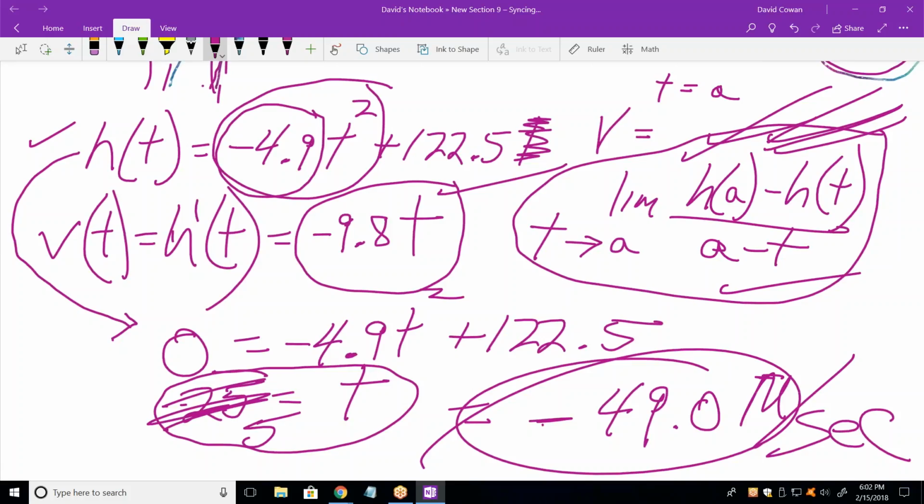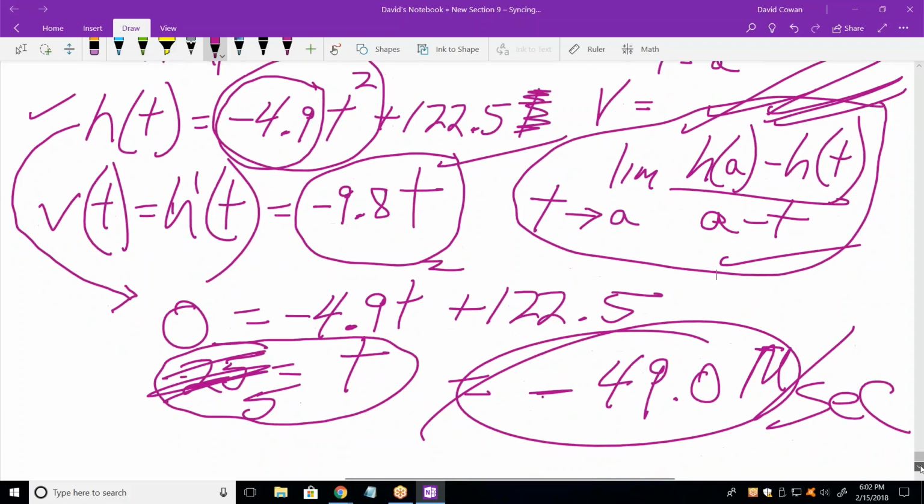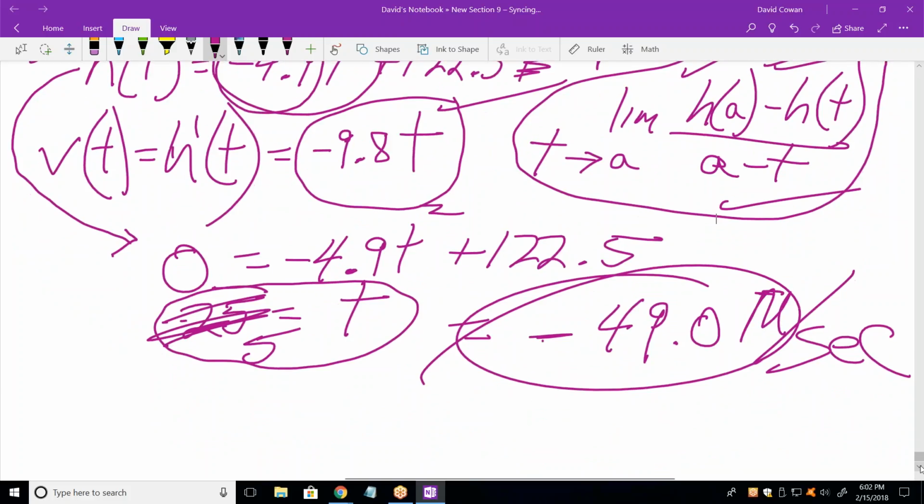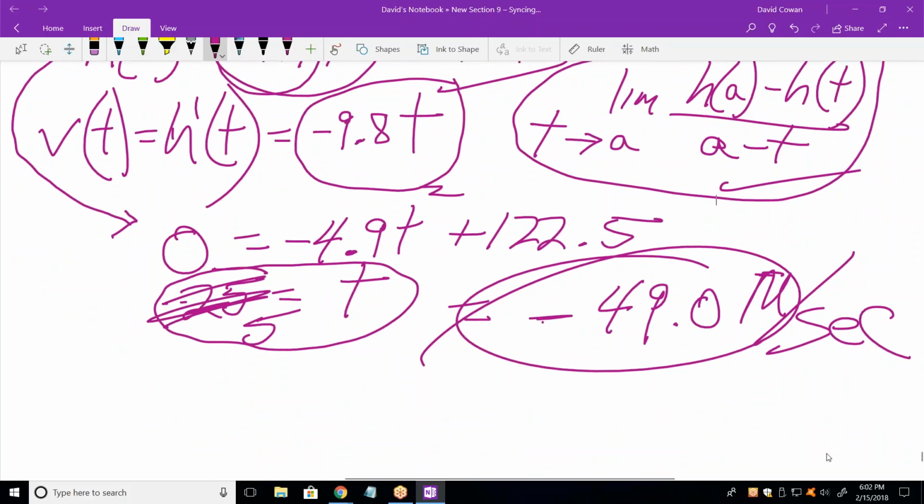Unfortunately, my eraser doesn't work on this program, so the only thing I can do is scroll down, but let's see if I can give you a little bit of how you would do it using the way they wanted us to do it. So they want us to take the limit of, well, what's h of a?